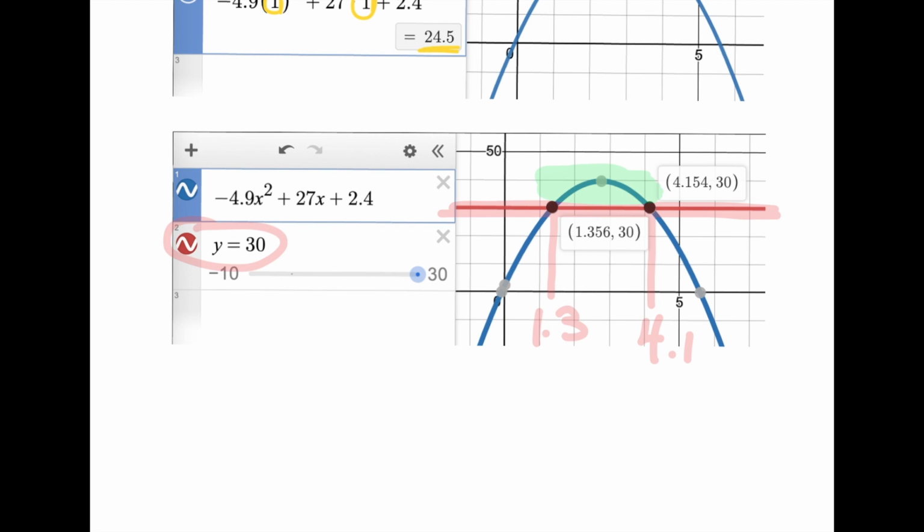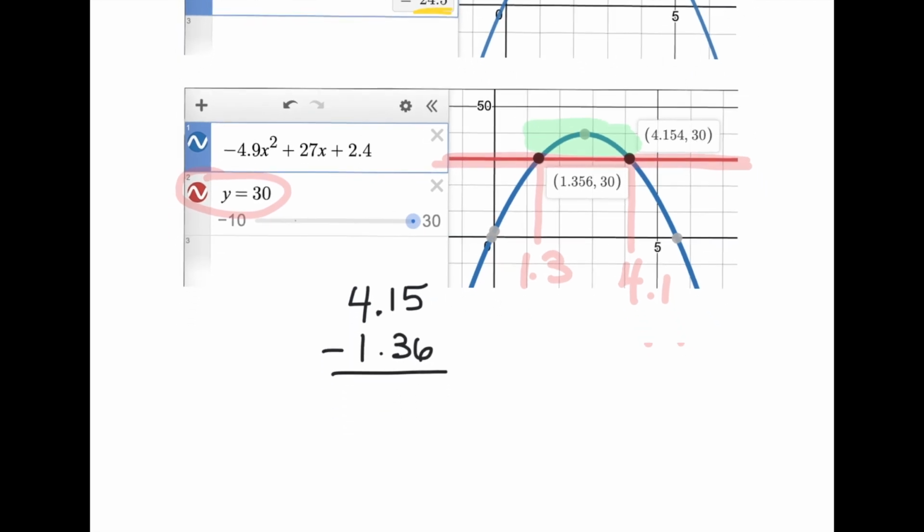So I would subtract that 4.15 minus that 1.36, and I can do that in Desmos. I don't have a screenshot of it, and you should get 2.79. So for 2.79 seconds, the balloon is higher than 30 meters.